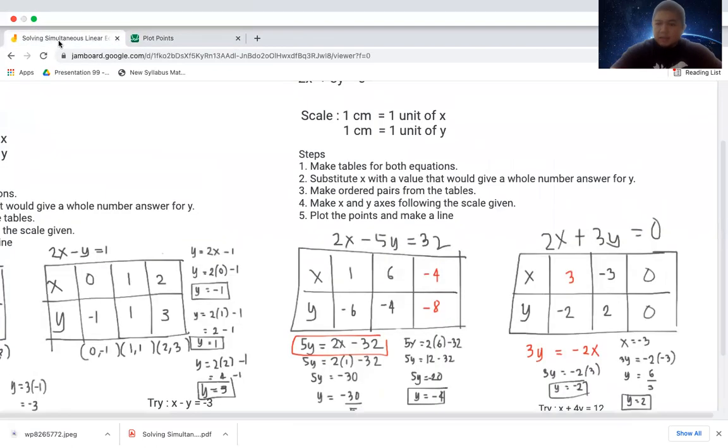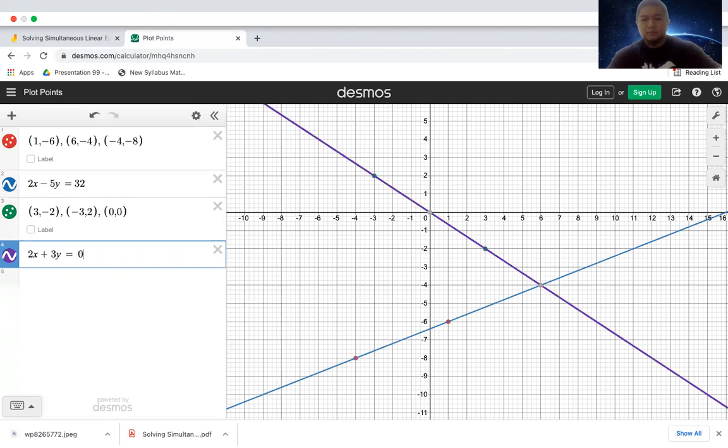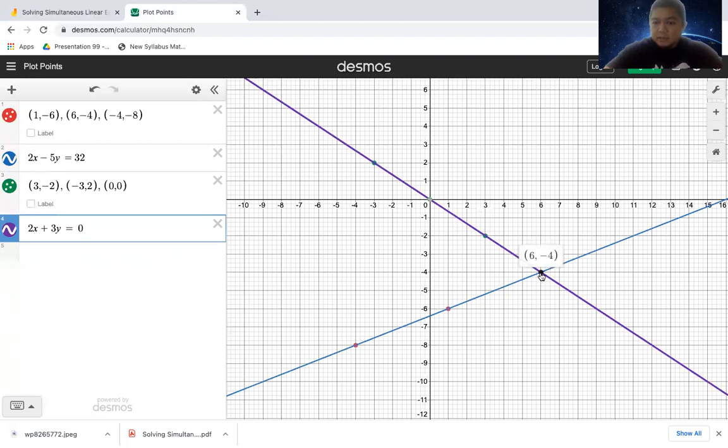So let's just have the equation as 2x plus 3y is equivalent to 0. So this is going to be the intersection of the lines, the equations that you have.